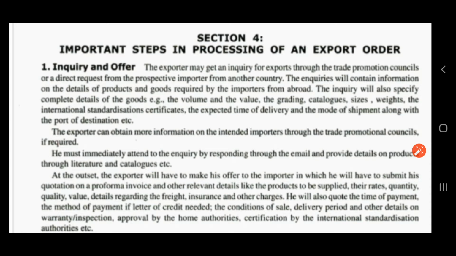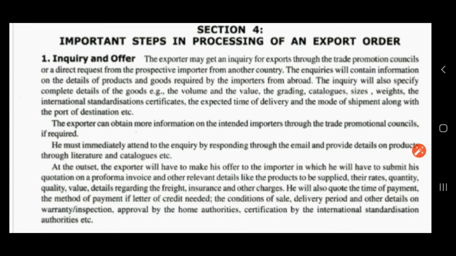Basically, the inquiries are done about the details of products, like what kind of products are acceptable by the import country, or the information about the volume and the value of the goods that are required by the importer.